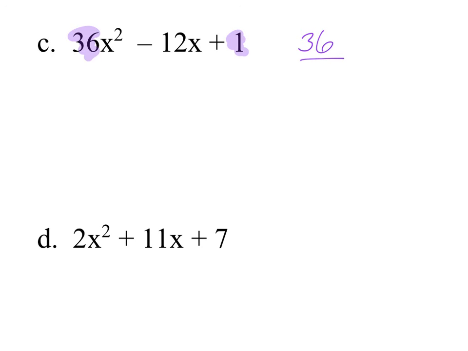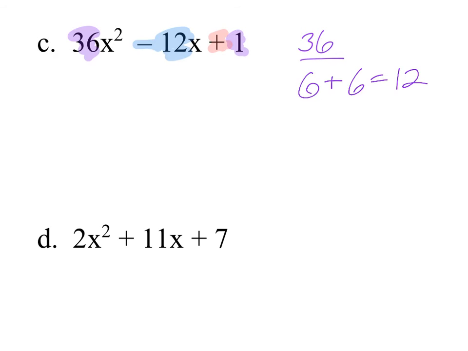I did it again, didn't switch to highlighter. That add to my negative 12. Okay, so I have 6 times 6, or 6 plus 6. That adds to 12, multiplies to 36. That's my answer.